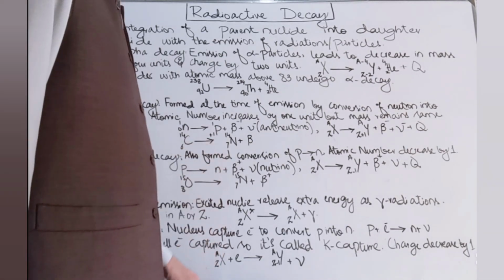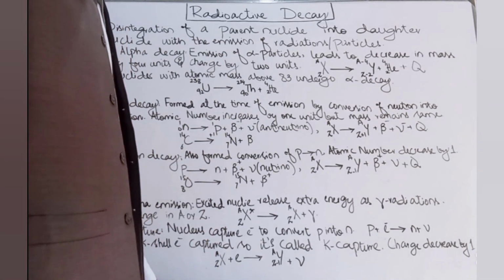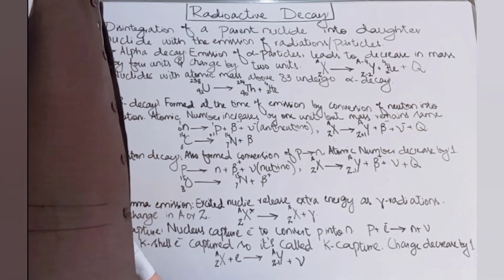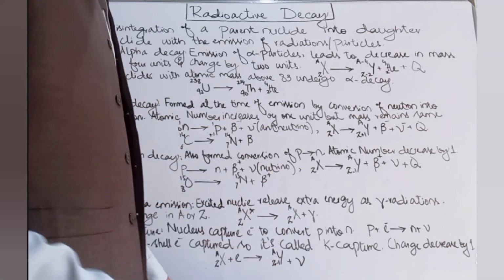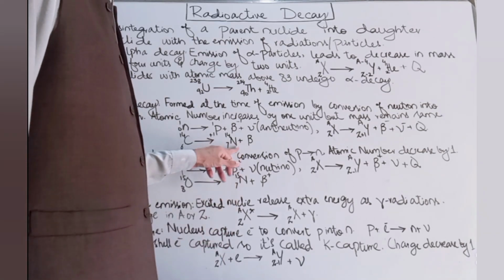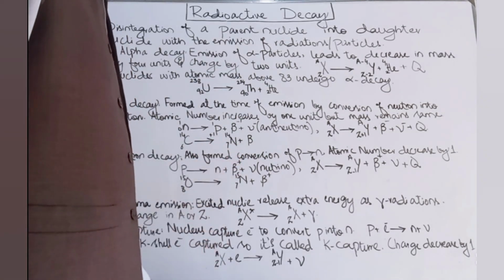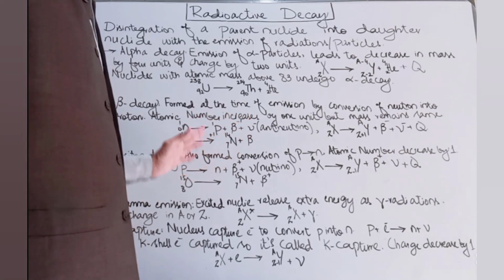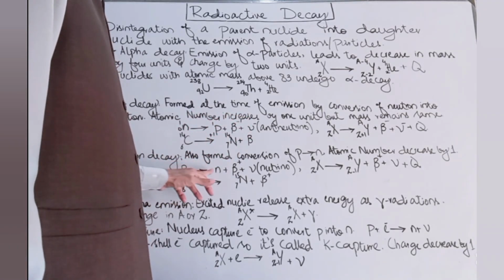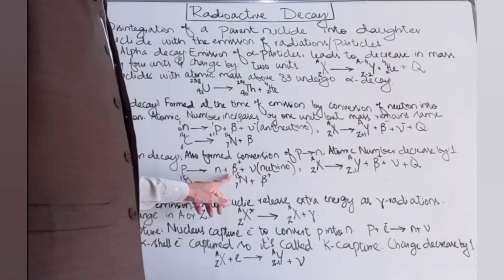These are produced by the conversion of proton into neutron. So the atomic number decreases by 1 unit as a positron has +1 charge. As a result of the positron emission, the atomic number decreases by 1 unit, but mass remains the same. So P is converted into N plus beta plus.